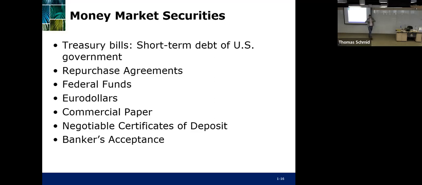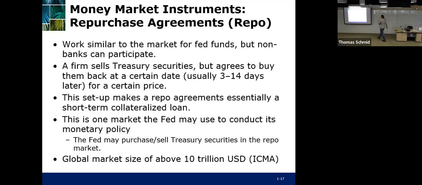I just want to give you a bit of an overview on the money market, and I want to talk a little bit about the repo market because it's a very big market, global size above 10 trillion US dollars. And again, it's surprisingly little known. In practice, this is highly relevant. In academia and university settings, we often tend to forget about it.